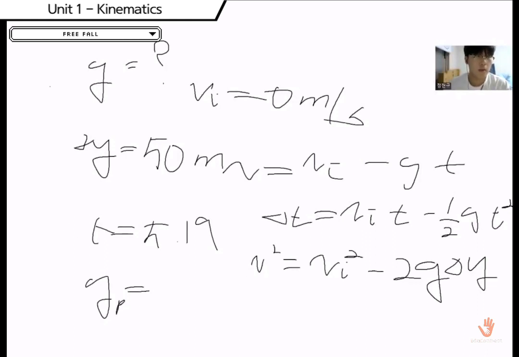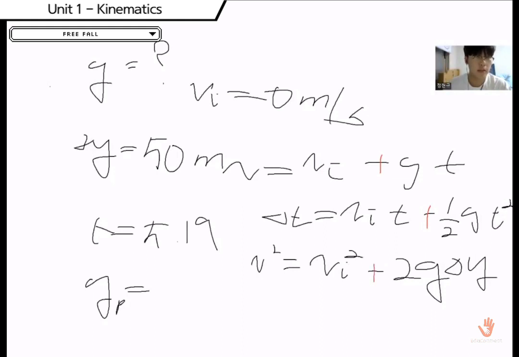Note that if all of those vectors y, v, and g are pointing down, then it makes more sense to define the downward direction as positive. Then the equations look like this. v equals v initial plus gt. Delta y equals v initial t plus 1/2 gt squared. v squared equals v initial squared plus 2g delta y.